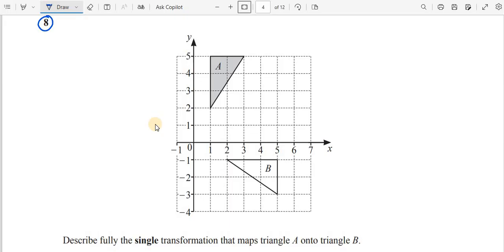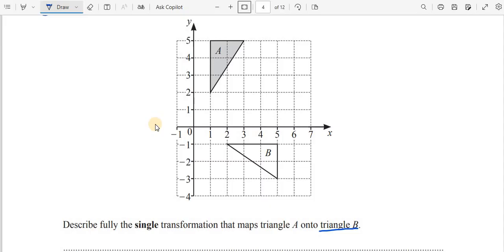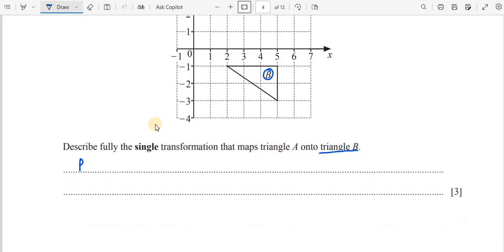Question number 8. This is a diagram. Part A is: describe fully the single transformation that maps triangle A onto triangle B. This one is triangle A and this is triangle B. So this is a rotation. It is a rotation of 90 degrees clockwise. The center is 0 0.